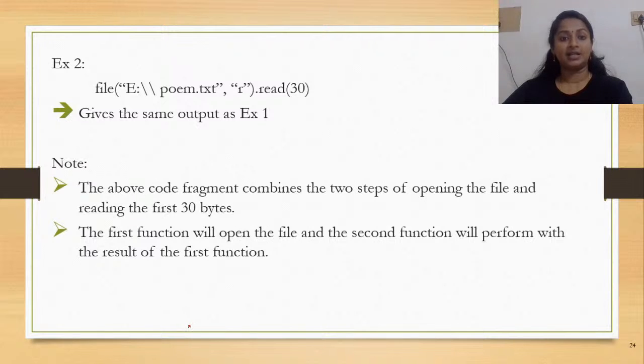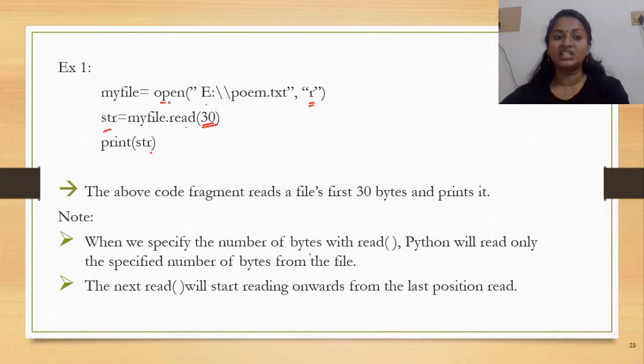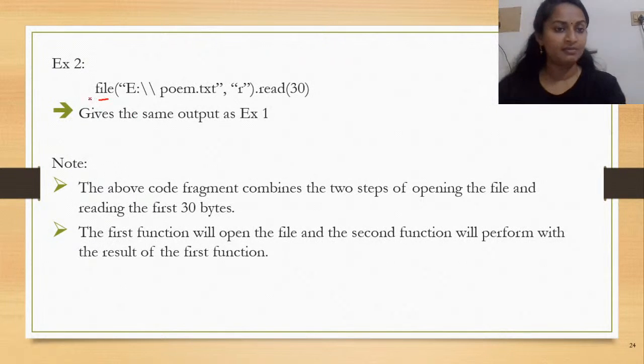So let's get to seeing the next output. Here, in the same line, we are trying to open as well as read. What does this function file do? It actually opens the file. We have tried to merge the open and the read into a single statement using the file function.